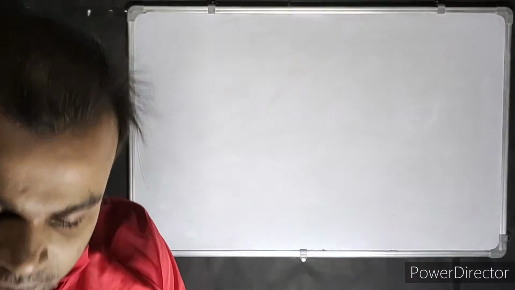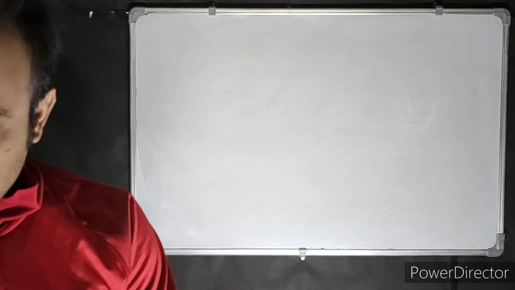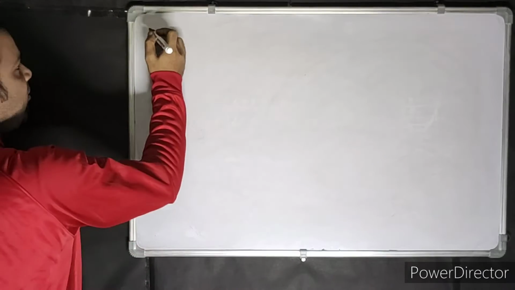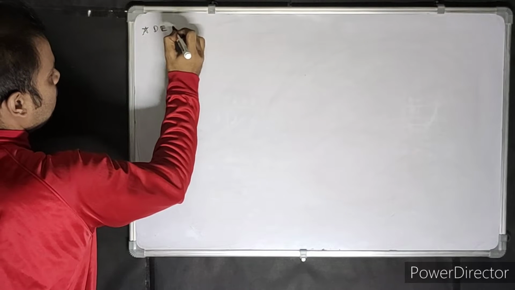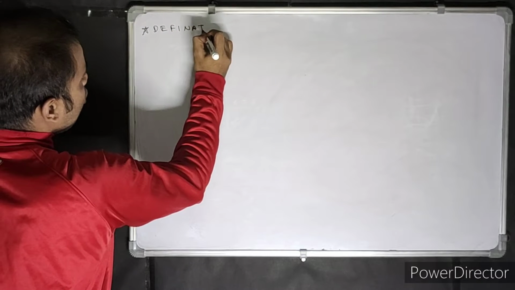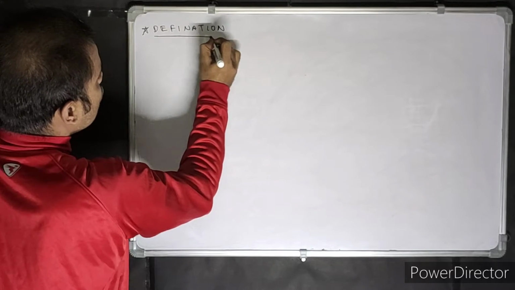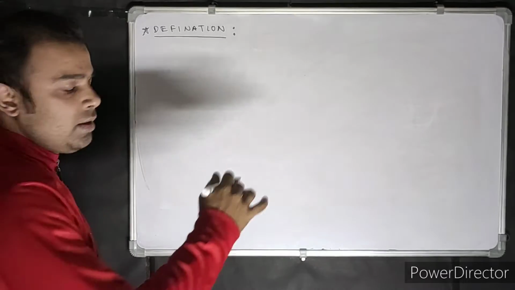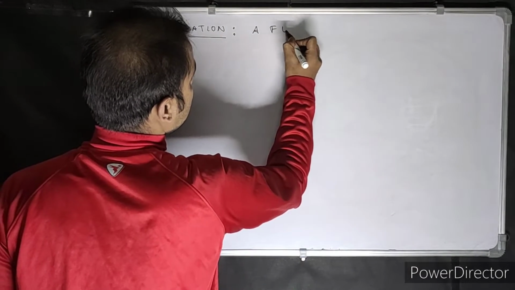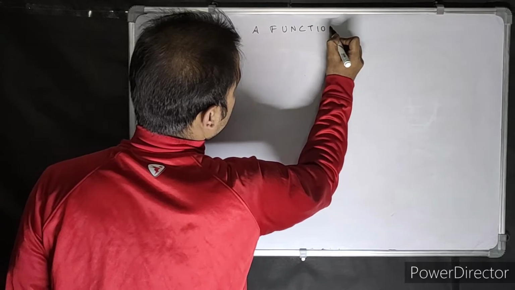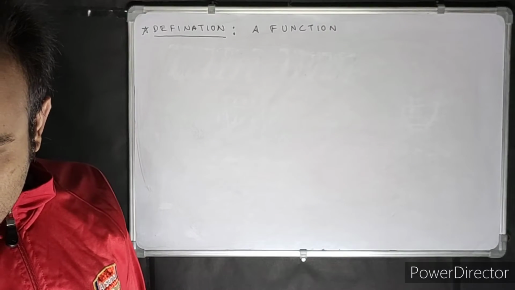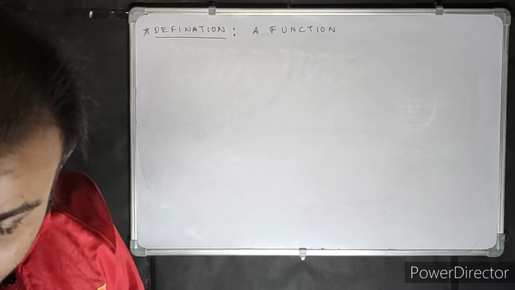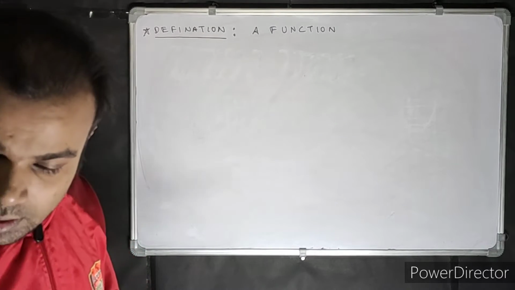Now everything is given over here. I'll write the definition. You can write the definition also. Although you will not need the definition, all you need is to do the mathematics. According to the definition, a function f is said to be left continuous.